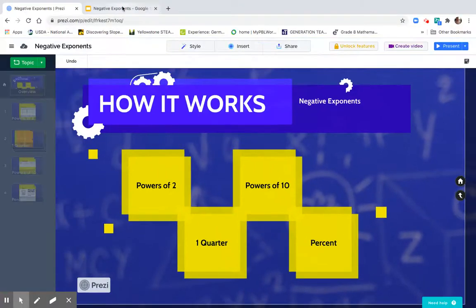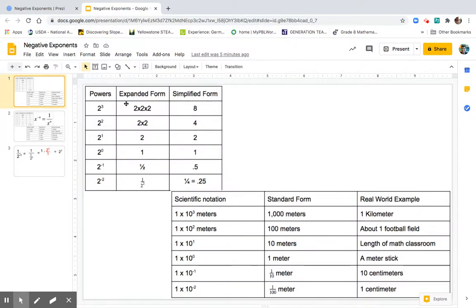All right. So here were a couple of the tables we looked at. 2 to the 0 is just 1. And then 2 to the negative 1, we would express as 1 over 2, or 0.5. 2 to the negative 2 would be 1 over 2 squared, or 1/4 that we looked at, which we know is 0.25.